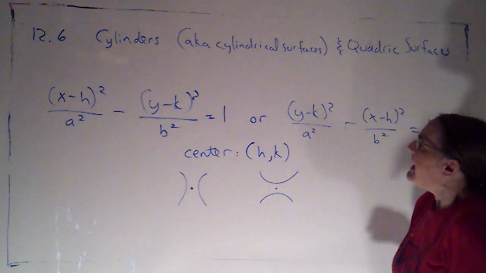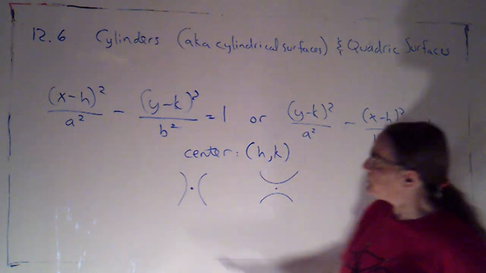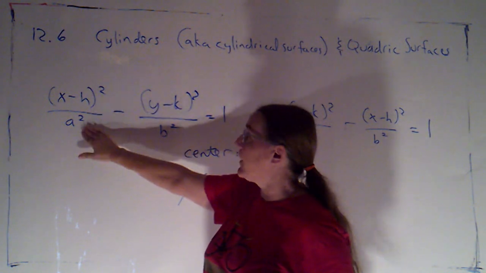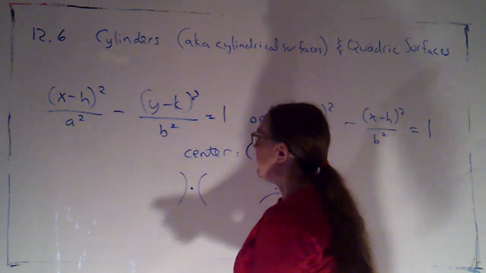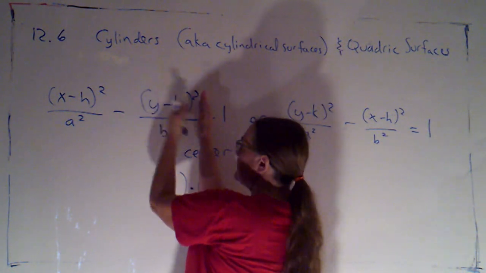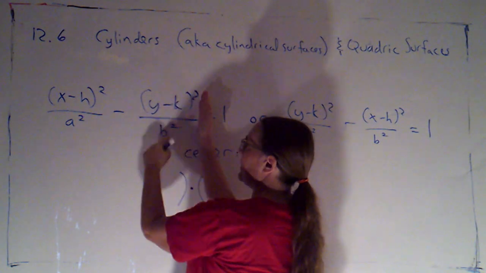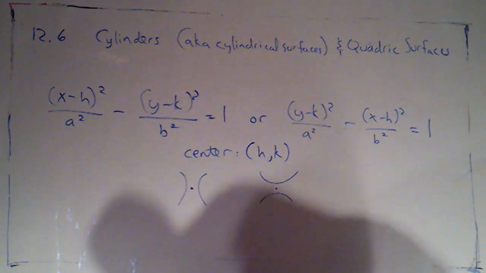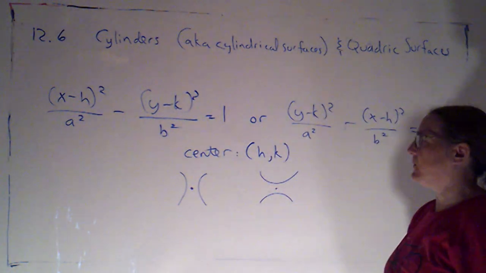Okay. If I take a look here, this can never be negative because it's a square over a square. Same thing here. The thing that I'm subtracting is never negative because it's a square over a square. But I've always got to get 1 as my result.